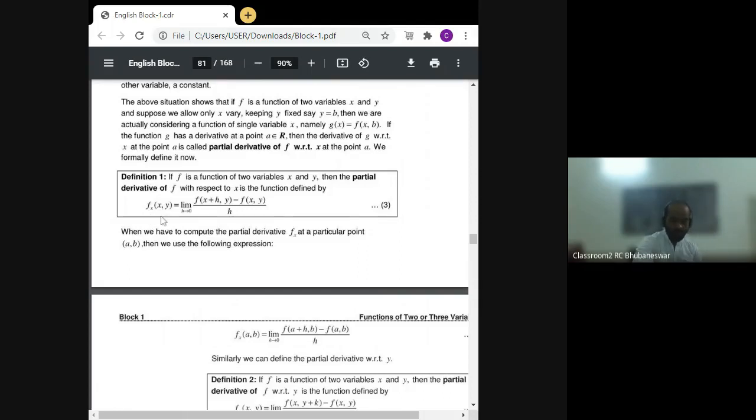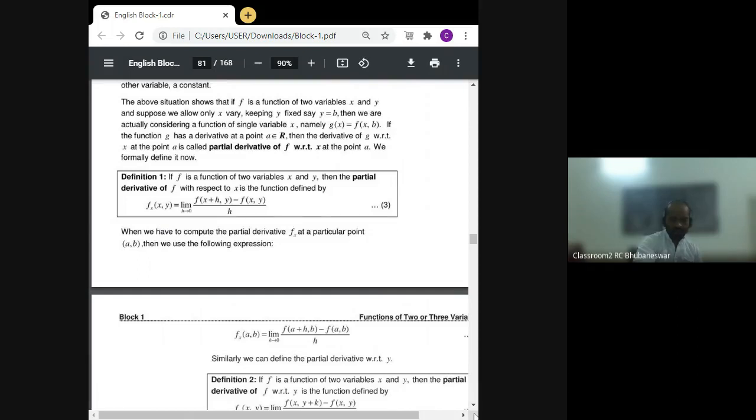So in the function we represent f(x plus h, y) minus f(x, y), divided by h. That means the value of x changes, x plus h and x. So the result is represented as the first derivative of f with respect to x, and this f subscript x is written.